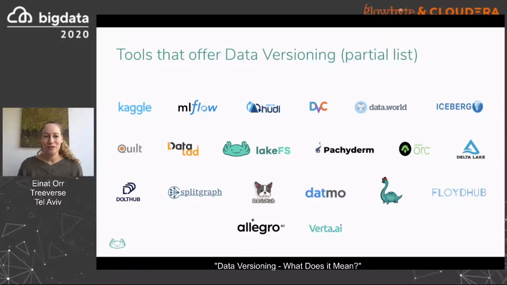But when you dive into all those tools, which is something that we did when we first thought about LakeFS, we realized they were doing things that were completely different in nature, and they were also providing solutions for completely different use cases, which is where we thought it would be a good idea to try and cluster them and understand what problems they solve and why.